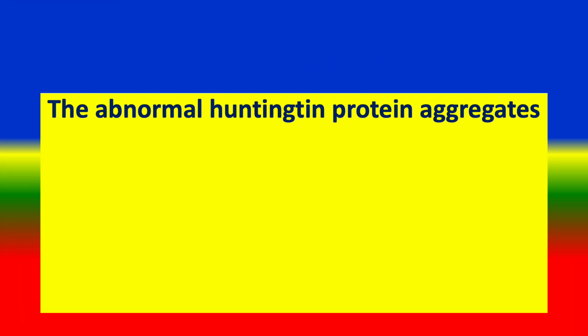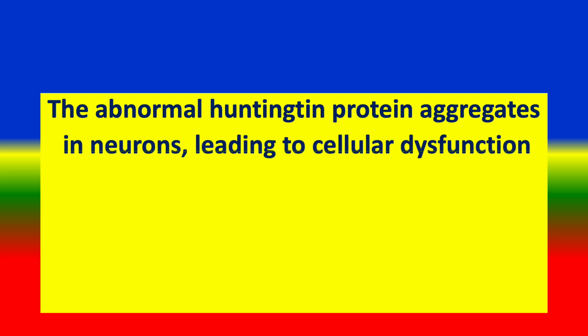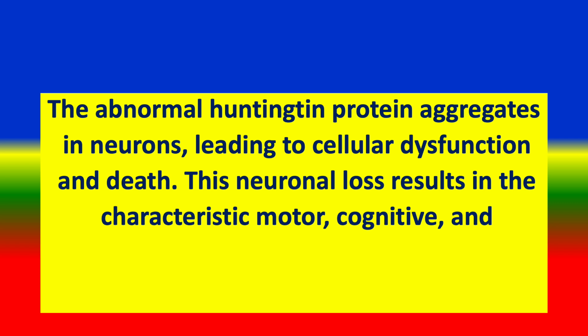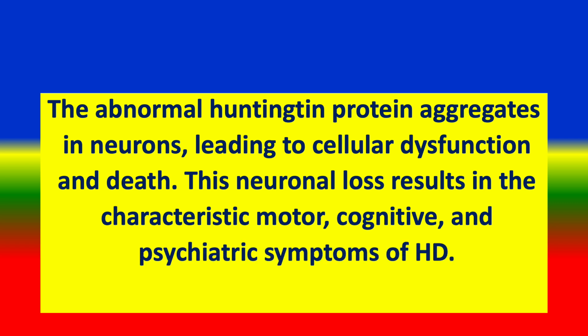The abnormal Huntington protein aggregates in neurons, leading to cellular dysfunction and death. This neural loss results in the characteristic motor, cognitive, and psychiatric symptoms of HD.